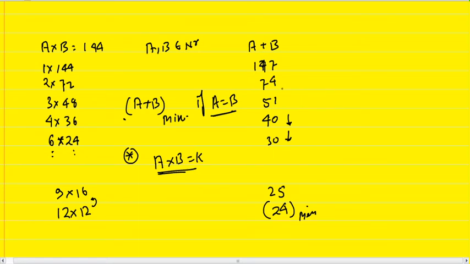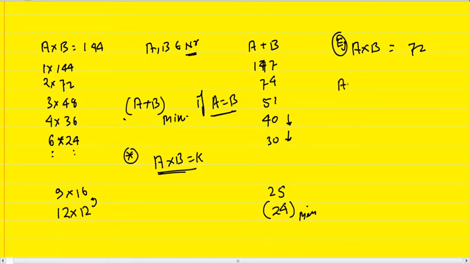Now, again, I started with the easier term, natural numbers. What if I have a product of A and B here as an example, where it is not a perfect square? Let us say A into B is 72.